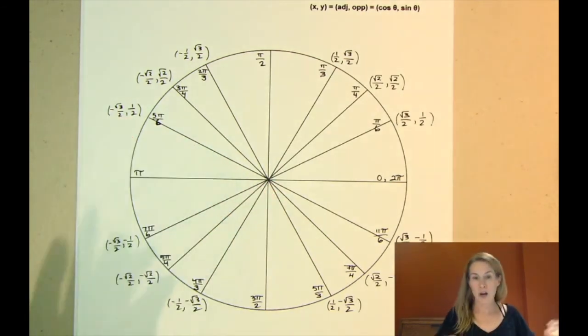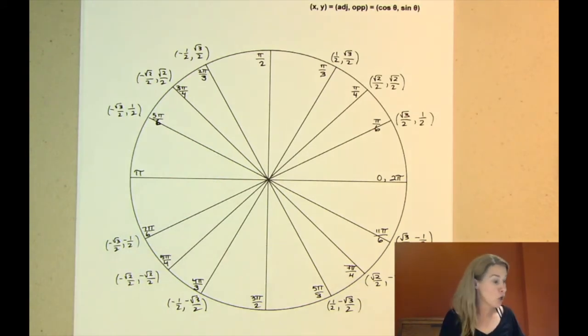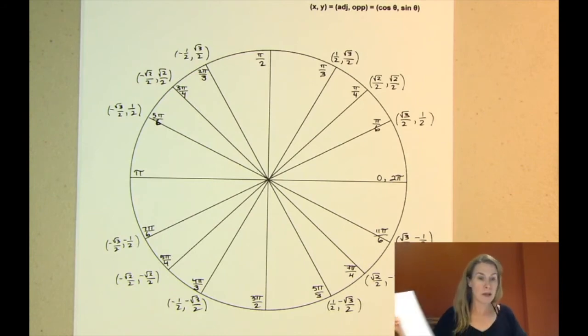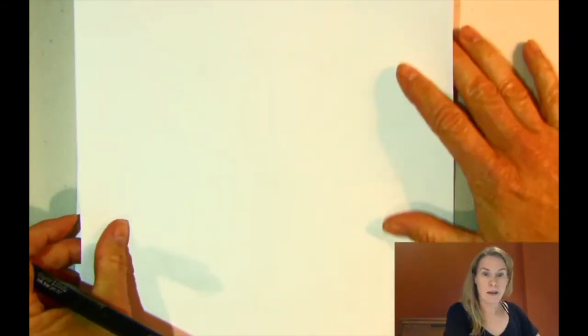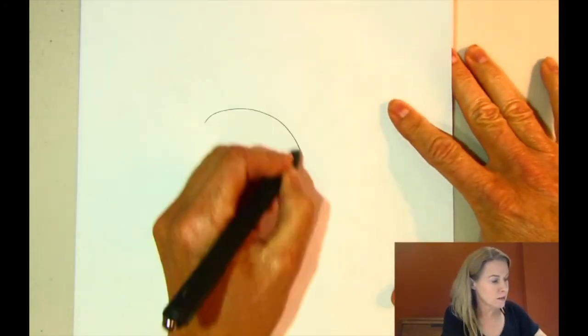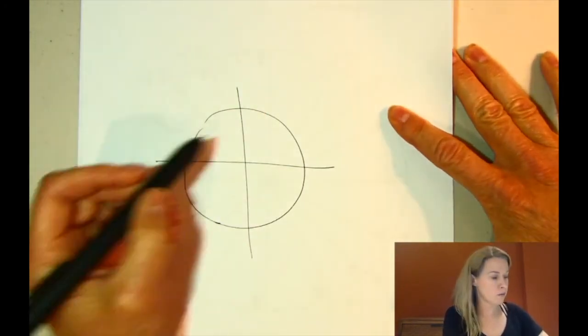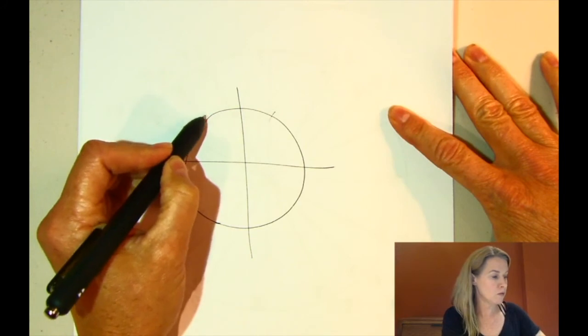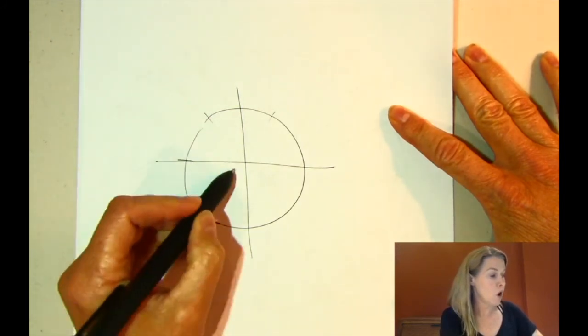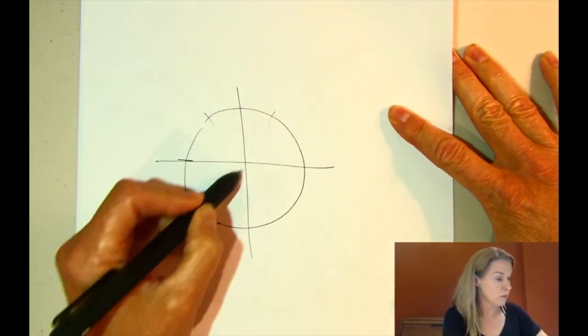And if I was stuck on a desert island somewhere and I needed to know the sine of 4 pi over 3, I can take a stick and some dirt. I can sketch a circle, and I can say, okay, 4 pi over 3. Let's see, 1 pi over 3, 2 pi over 3, 3 pi over 3. Oh yeah, 4 pi over 3.